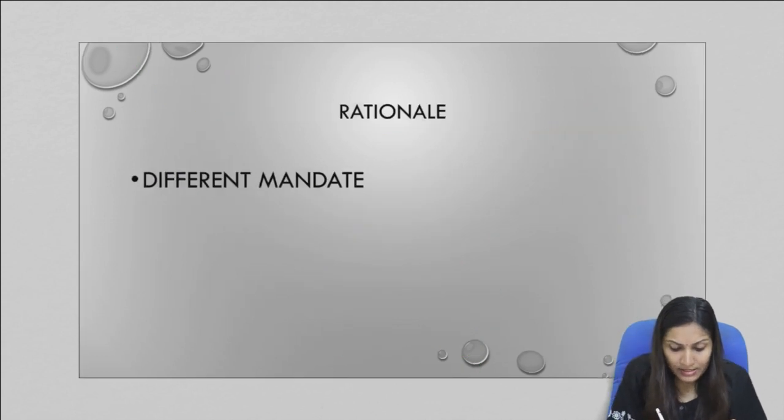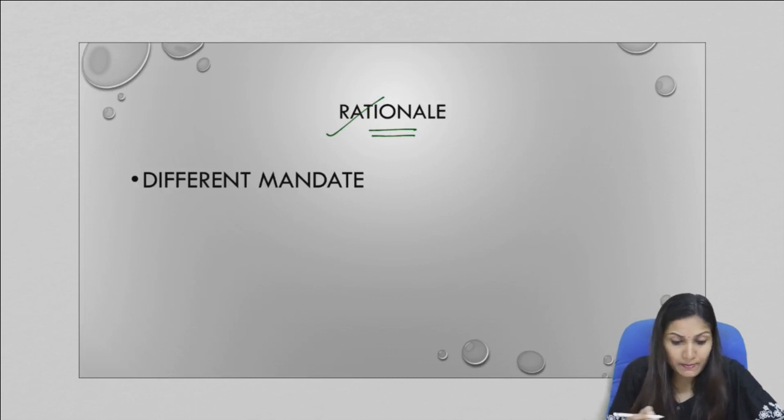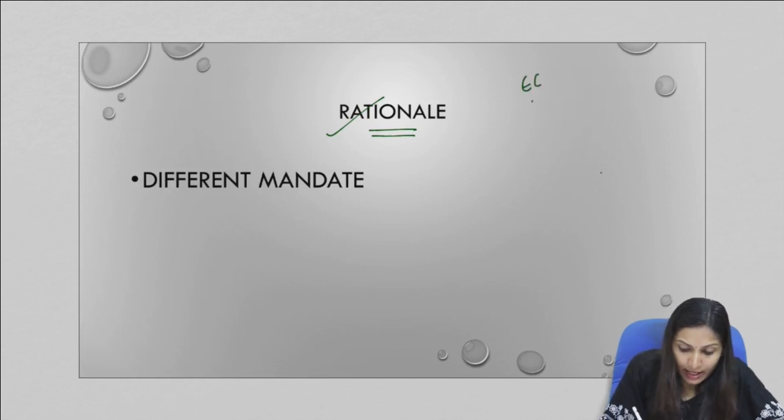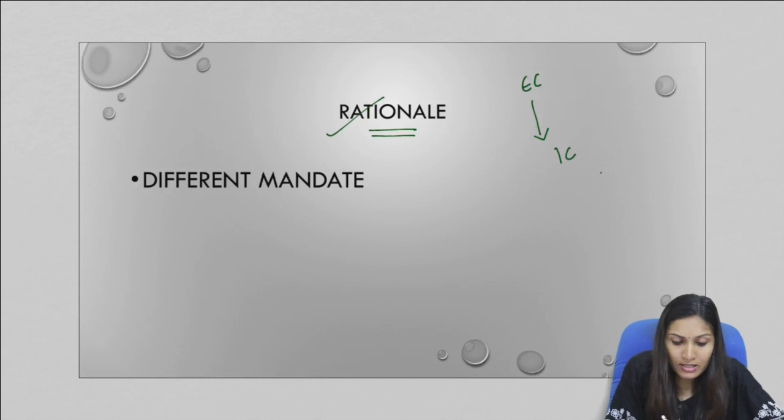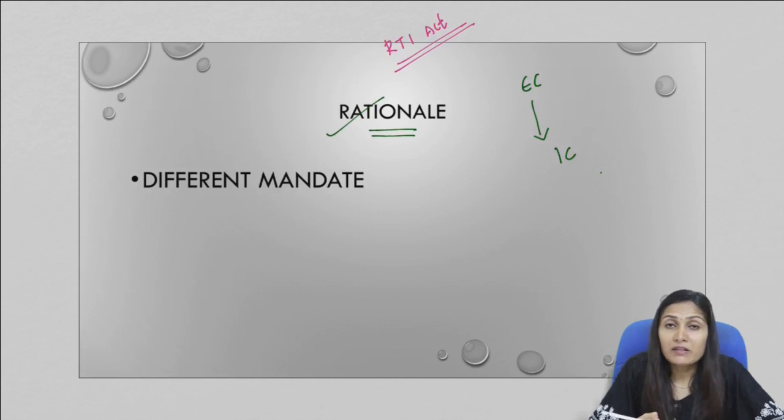Let us first, before that, understand what is the rationale behind the proposed amendments and what is the justification of the central government. The government says that the Election Commission and the Information Commission, both these bodies, have different mandates or different objectives. In the already existing original RTI Act, the salaries, allowances and also the service conditions were similar to that of election commissioners.